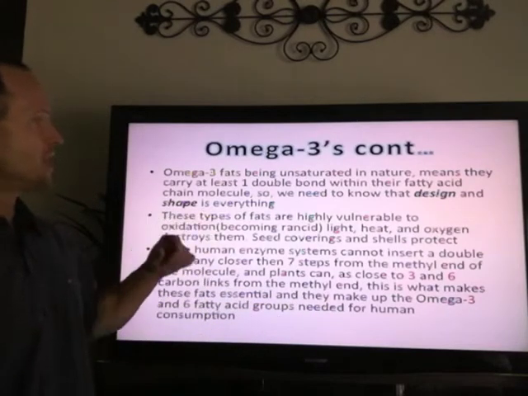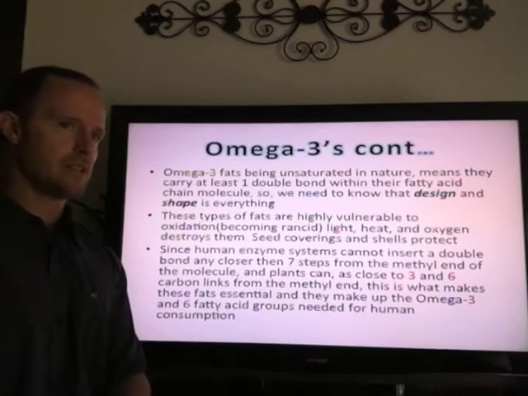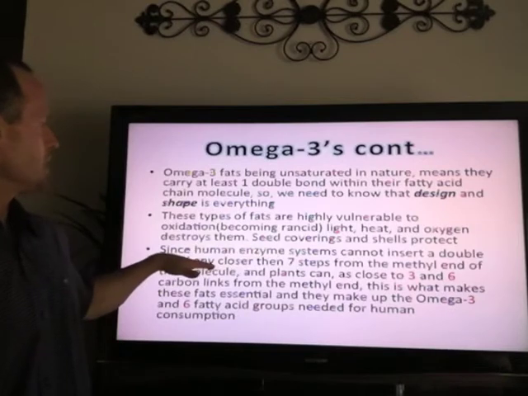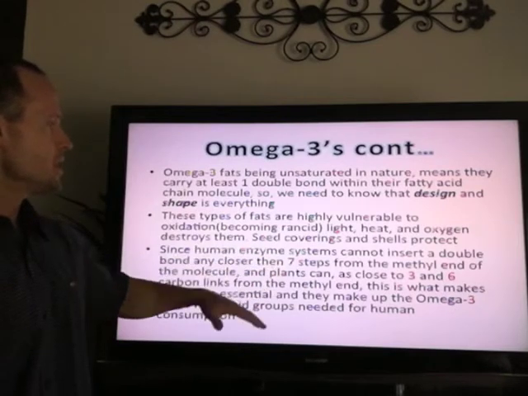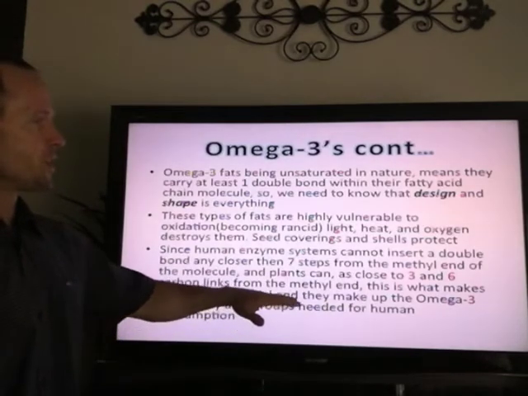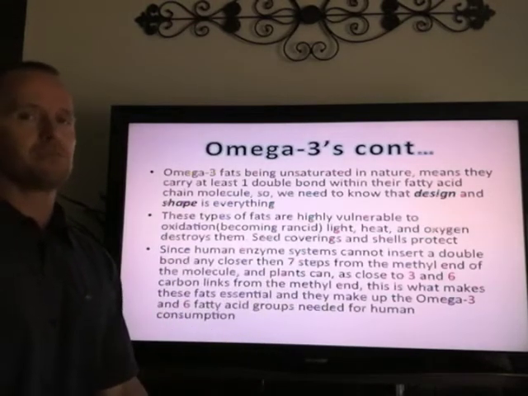If our body does not have the enzyme capability, as I talked about before, to bring a double bond closer than 7 steps, then we can't produce anything from 6 steps and lower. So your omega-3 and 6 family has to be essential.